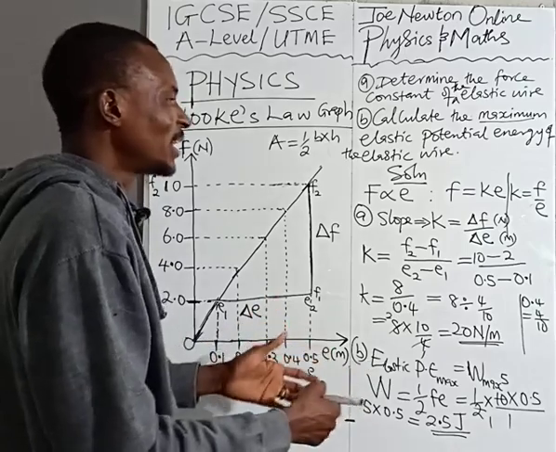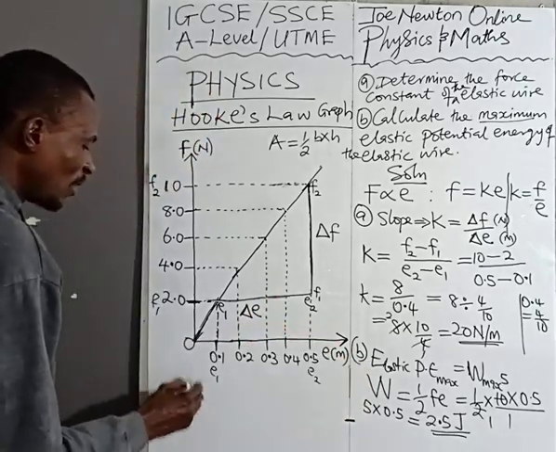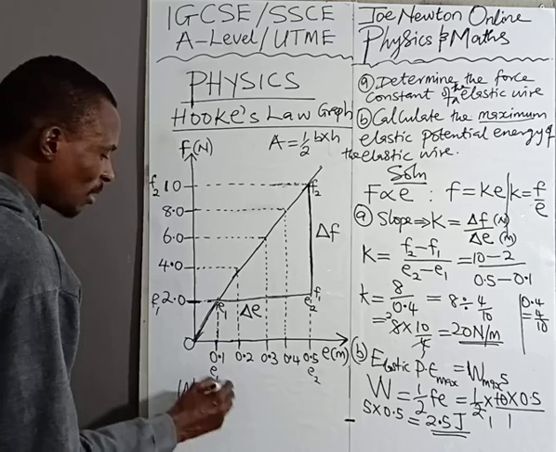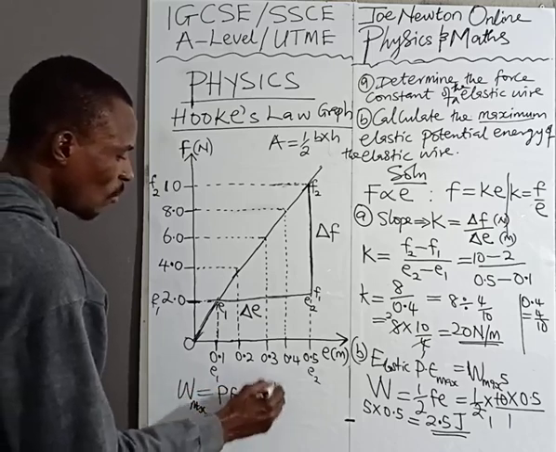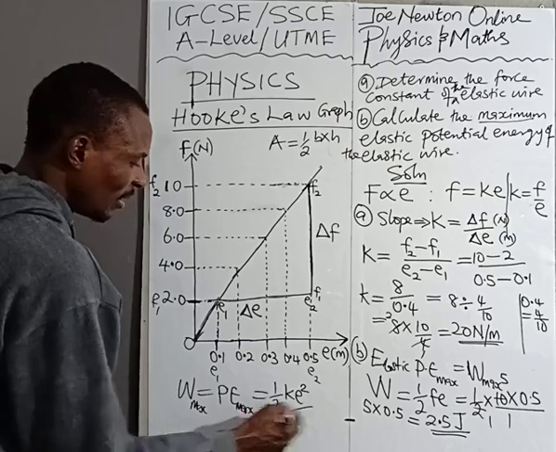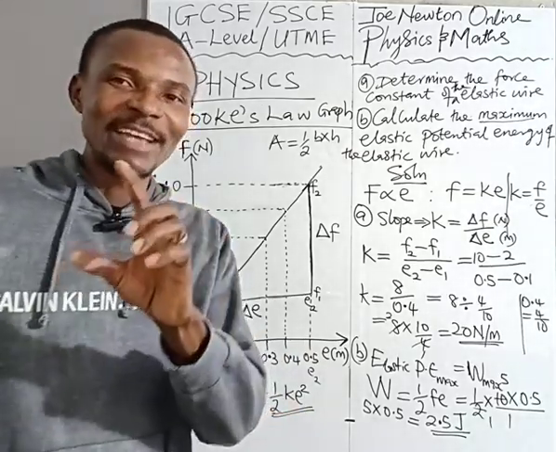Again, alternatively, you can also find the work done here. You can find the maximum work there, or maximum PE there, to be 1 over 2 K E squared. You can also find it with this formula. If you apply this formula, I'm giving you this as a task.